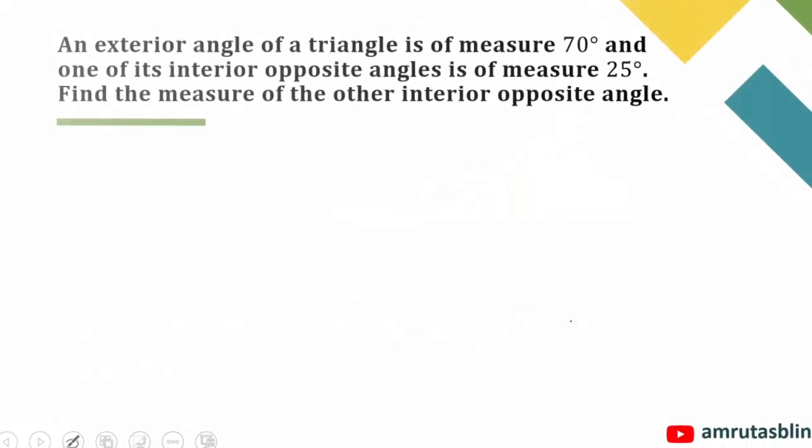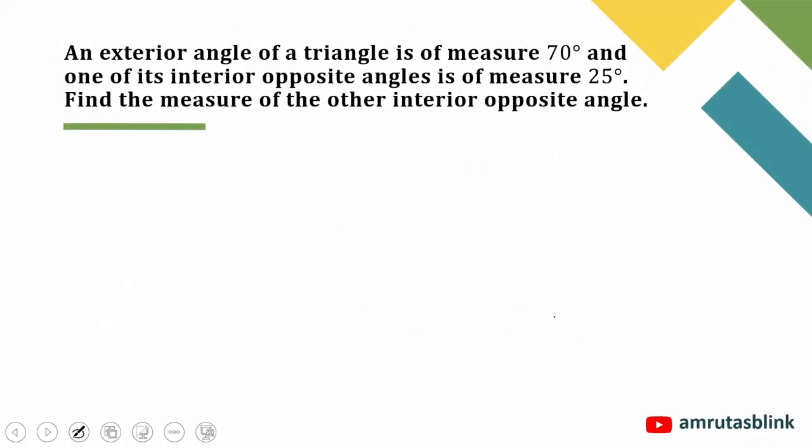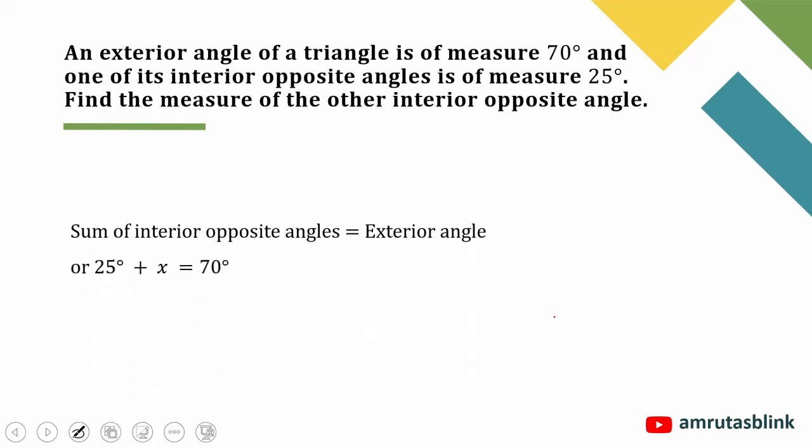An exterior angle of a triangle is of the measure 70 degrees and one of its interior opposite angles is of the measure 25 degrees. Find the measure of the other interior opposite angle. Now we are aware the sum of interior opposite angles is equal to the exterior angle. One of the interior angles is given as 25 degrees and another interior angle is asked, so we will assume that angle as x.